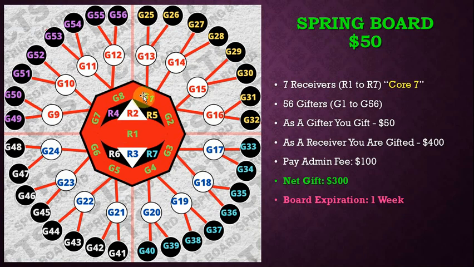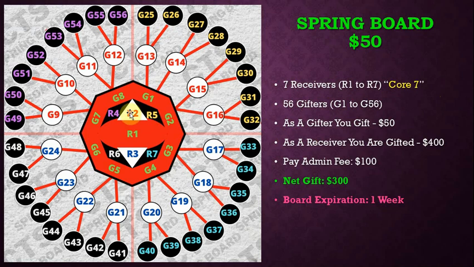And we have from G1 all the way up to G56. As you can see over here, we have 7 receivers in the core 7, and we have 56 gifters from G1 to G56. As a gifter, you gift $50. As a receiver, you are gifted $400.